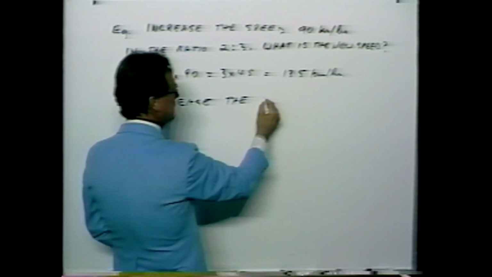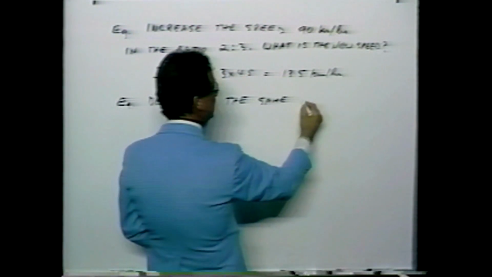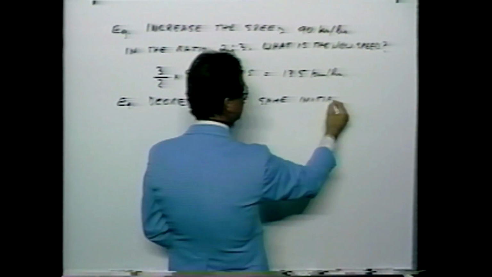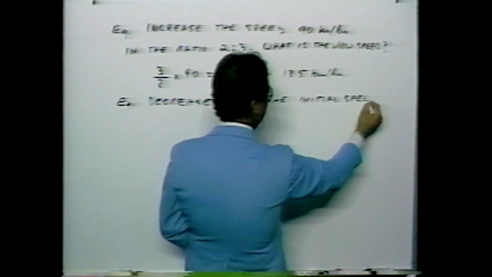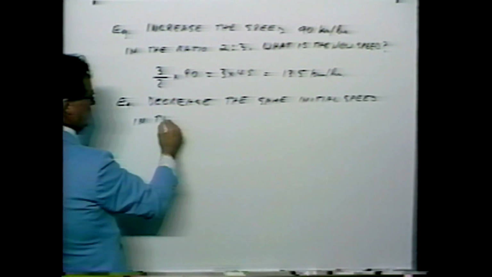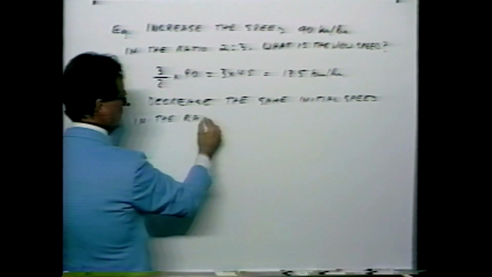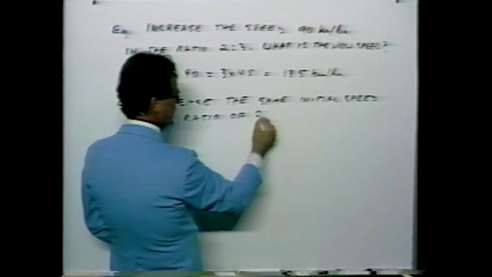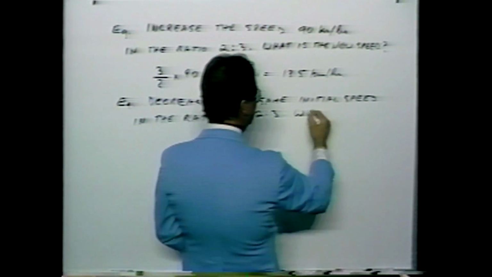Another example, decrease the same initial speed in the ratio of 2 to 3. What is the new speed?